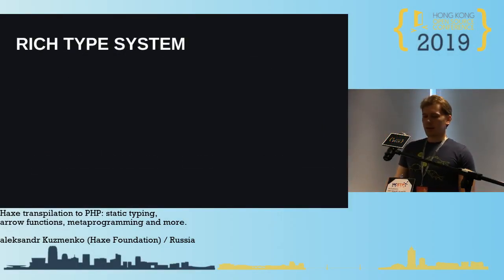Also, Haxe has not only a statically typed system, but it has a really rich type system. I don't think I have time to go into details about the type system, that's a separate topic, but I'd like to just mention some features. For example, function types.